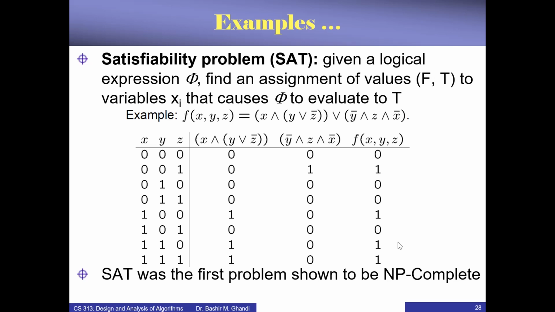Because remember, as we said, if we can find one NP-complete problem that is easier than a particular problem that is also NP, then that problem is NP-complete. So it is from this that many other problems were proven to be NP-complete, because this was proven to be NP-complete, and it turns out to be easier than others. So those others also become NP-complete.